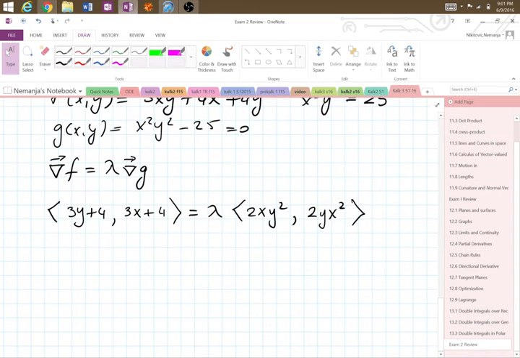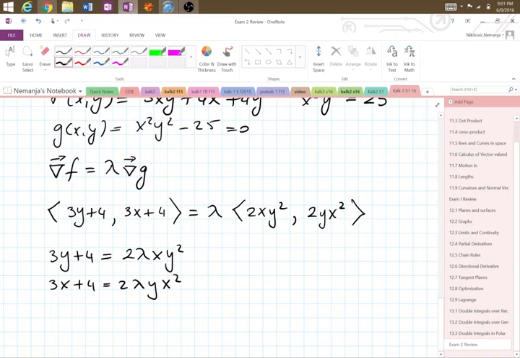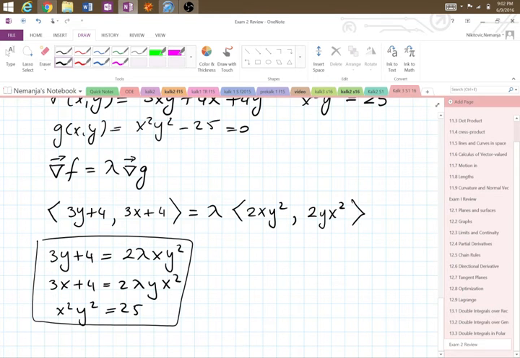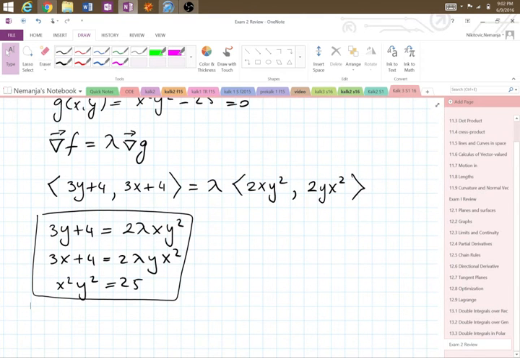This gives us our two equations. 3y plus 4 is equal to 2 lambda xy squared, and 3x plus 4 is equal to 2 lambda yx squared, and we have x squared y squared equals 25. This over here is our system. We have x, y, and lambda, three unknowns.